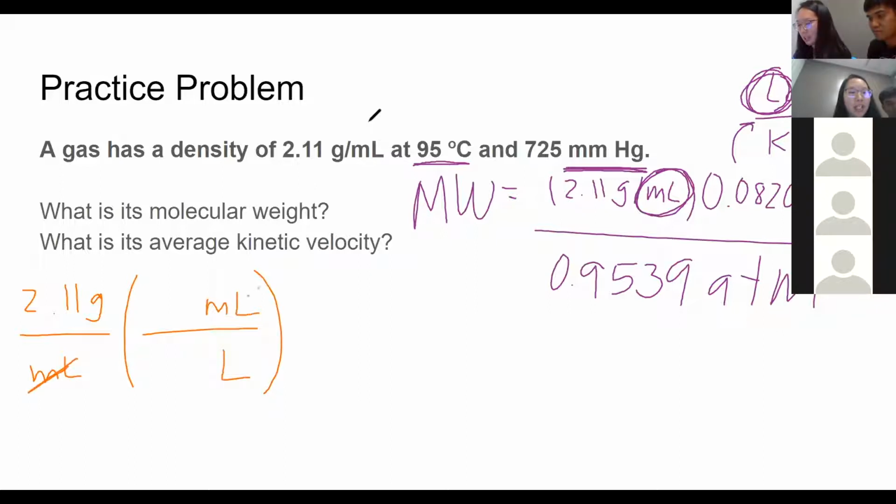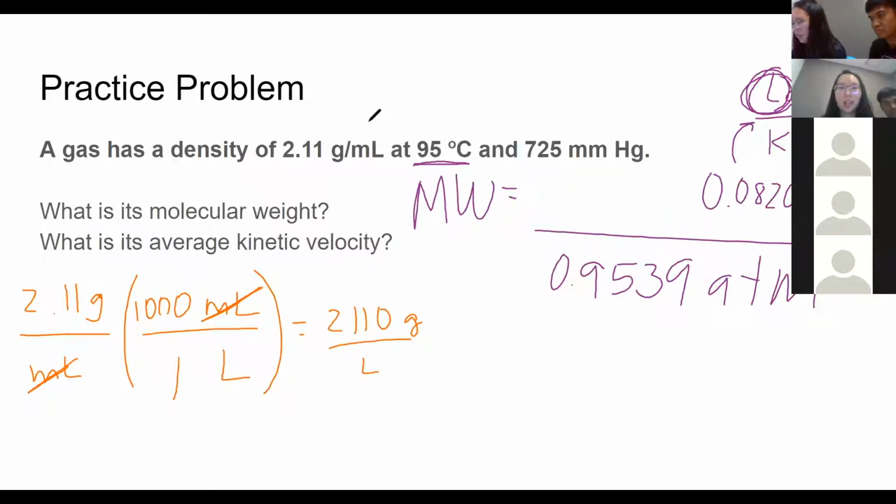We know 1 liter has 1,000 ml, so our density will actually be 2.11 times 1,000, which is 2,110 grams per liter. We're not going to use the old number, we're going to use 2,110 grams per liter. Be careful with your units. Units are very, very important.